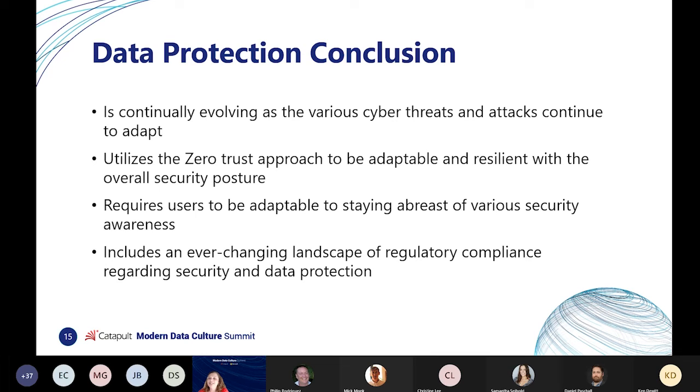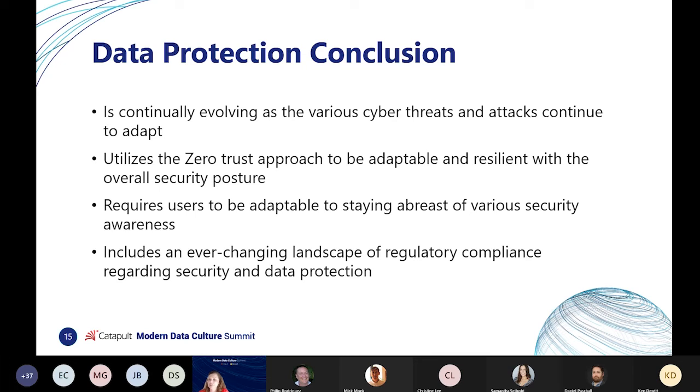And it's not just making sure we have a lot of the different things configured and enabled in our environment, and that we're utilizing our threat hunting and the different tools to constantly be monitoring different things, as well as user activity, but also offering ongoing security awareness to our users, because the sophistication of these various attacks, whether it's malware, phishing, or other types of attacks, is getting very, very hard to detect.